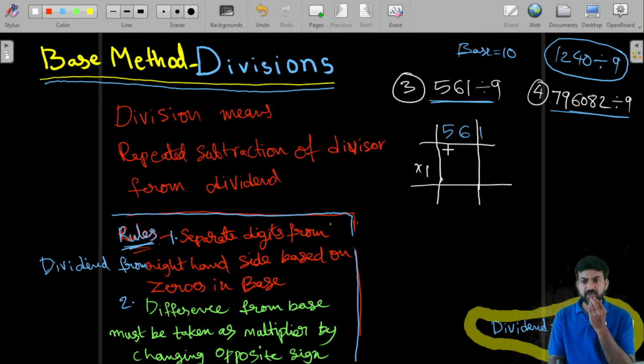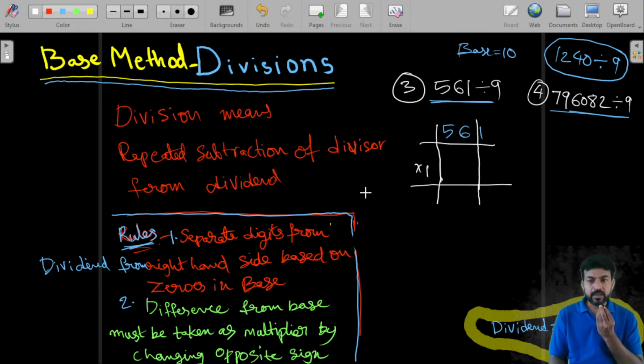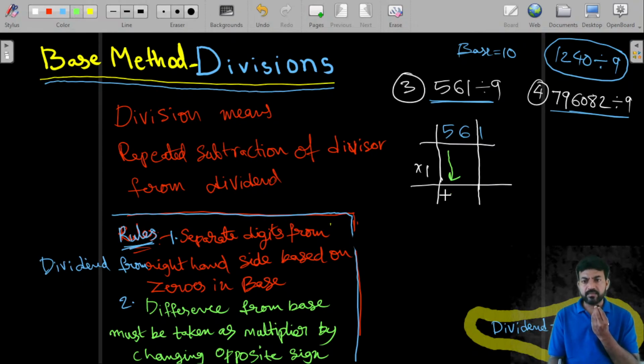So as usual, bring down 5 as it is. Are you getting it? Okay, few of you completed. Let's see. So you have to bring down 5 directly. So 1 fives are 5.